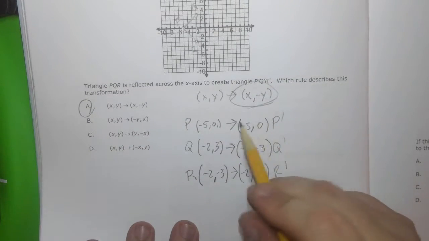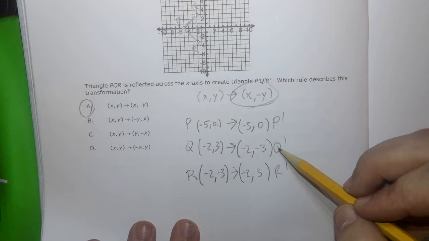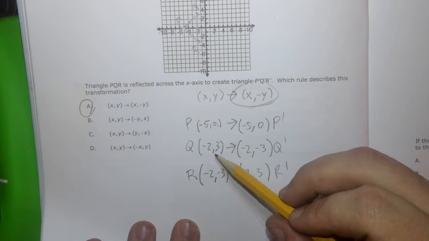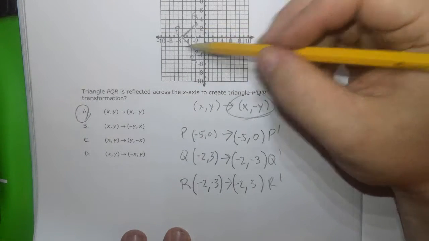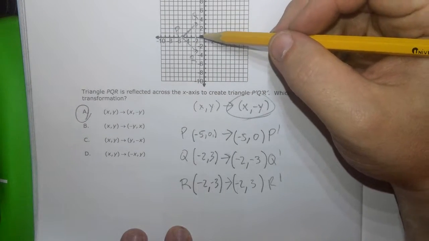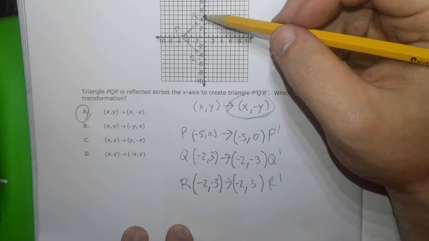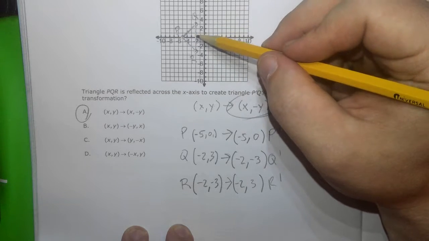P is staying in the same spot, but now Q prime is what R was, and R prime is what Q was because it's just being flipped over. Depending on where the shape is, this normally doesn't happen, but in this case, since it's a reflection over the x-axis, it did happen.